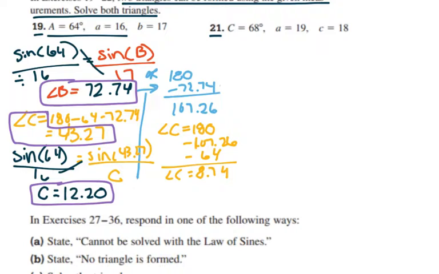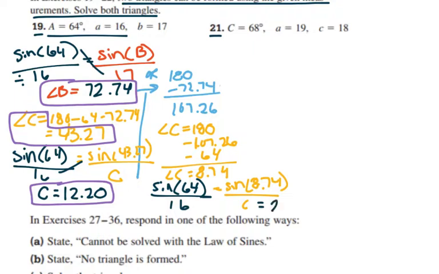And that second angle is usually going to be pretty extreme because you are trying to make an obtuse triangle into an acute triangle with the same length. And so that's going to equal sine of 8.74, which will be over C, making our C value sine of 8.74 times 16 divided by sine of 64.